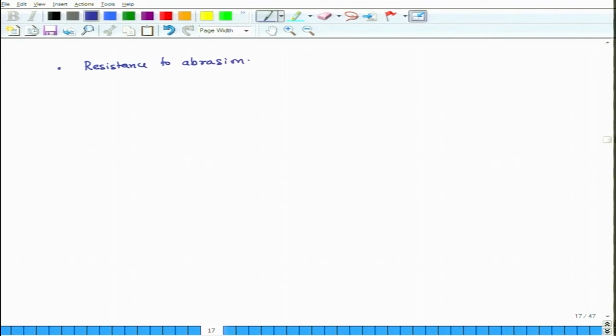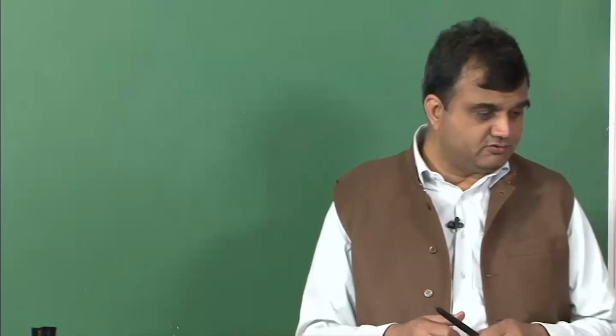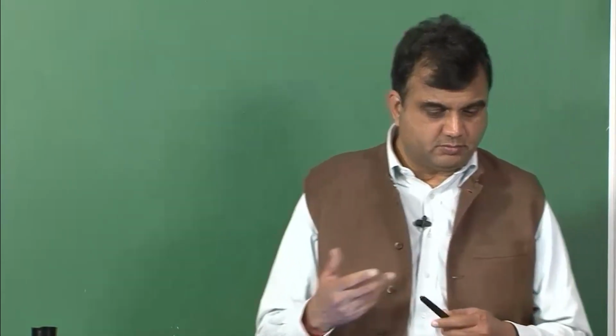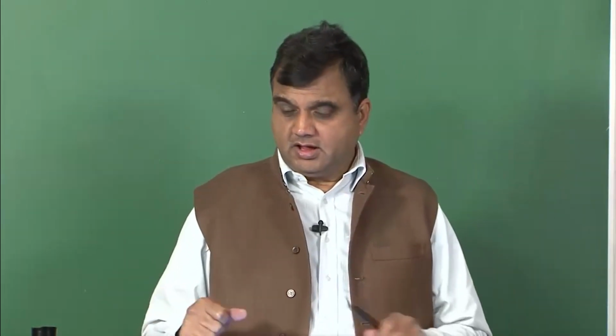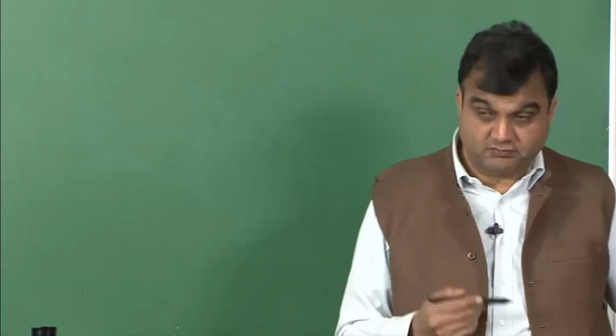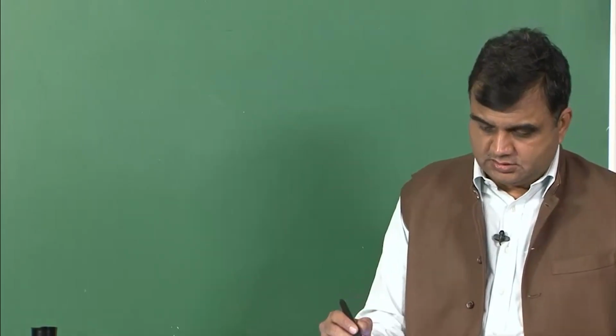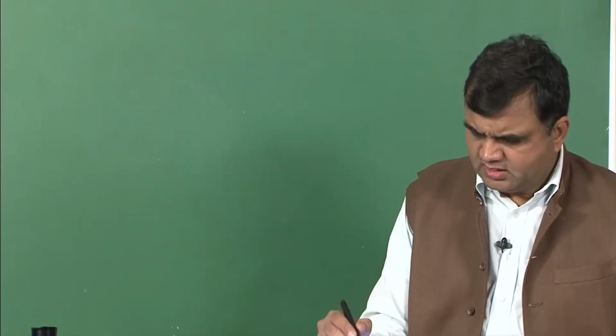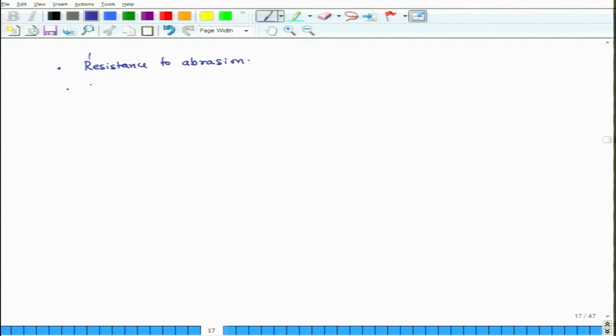So, if you take a piece of Kevlar fiber and you rub it against some rough surface, they don't wear off very easily. Very important fiber. High resistance. I am not saying just little resistance. High resistance.